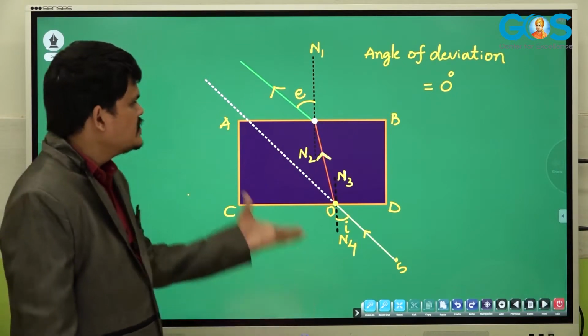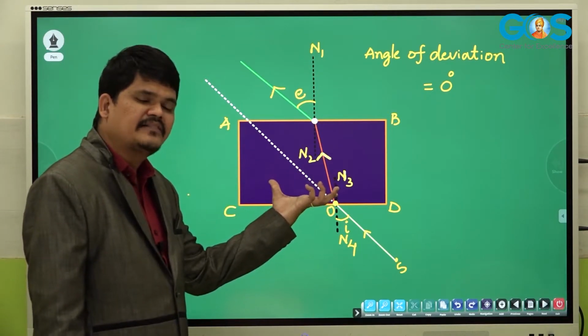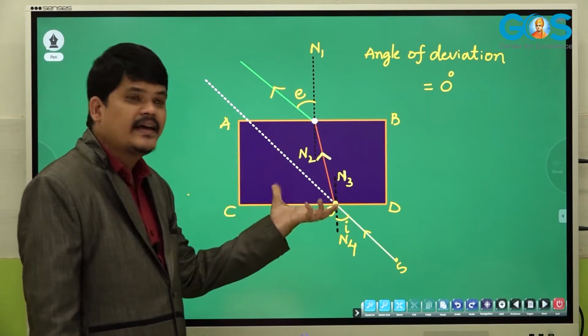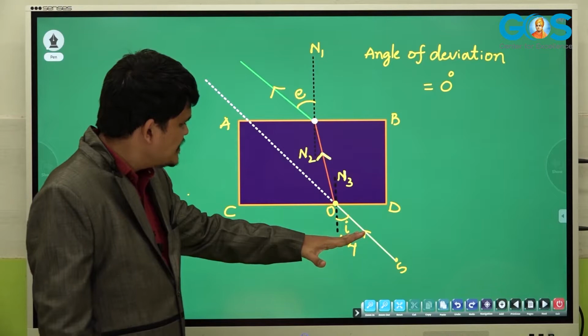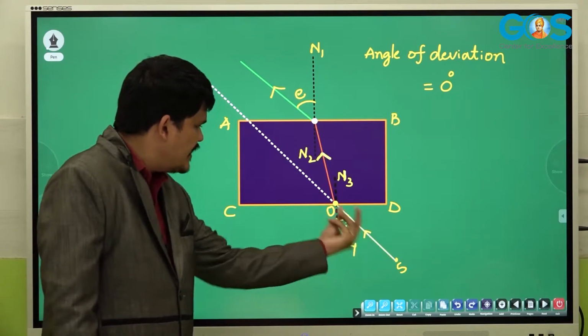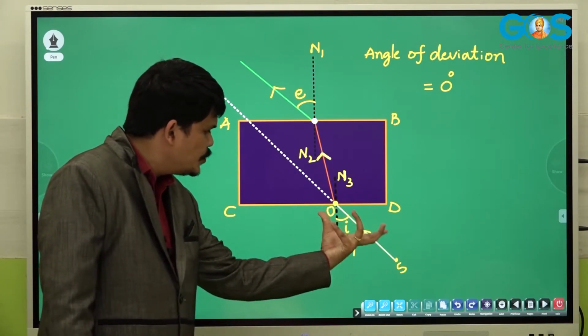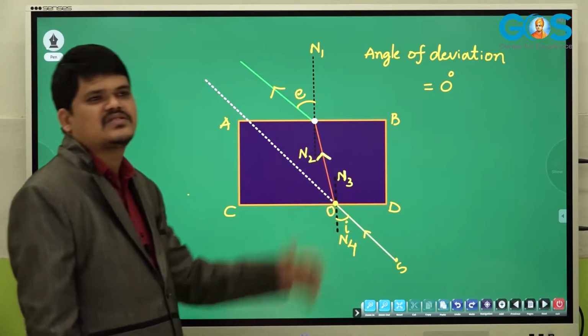Clear? So what is the medium present for that light ray? Yes, the path of the light ray has to move from air to glass.